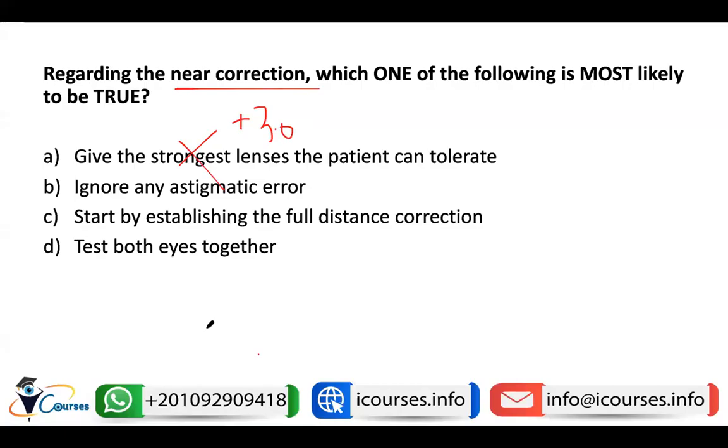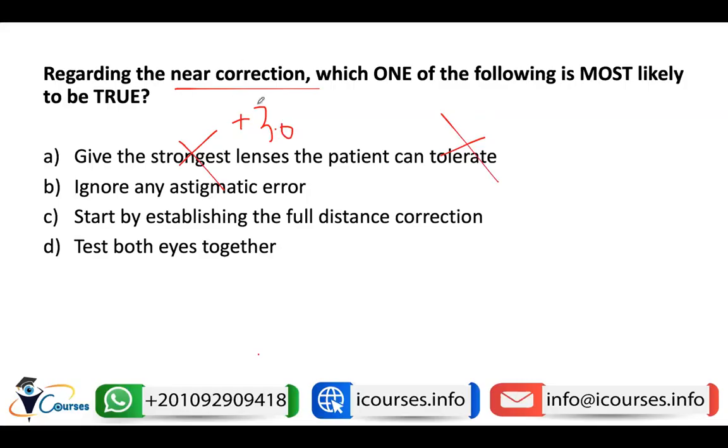If the patient doesn't accommodate, he will not converge. And what happens if the patient doesn't converge? He will complain of asthenopia. When you present a near target in front of him, he should converge in order to place both eyes over the near target. But if he doesn't converge because he doesn't accommodate, he will complain of headache and eye strain. So this is not a true answer.